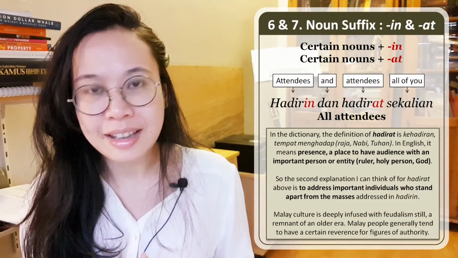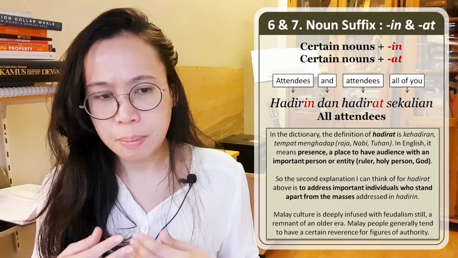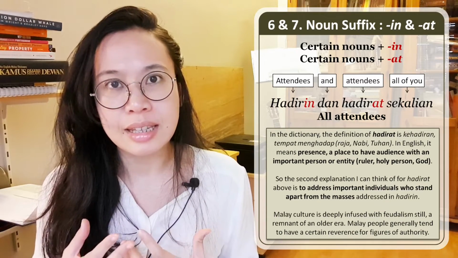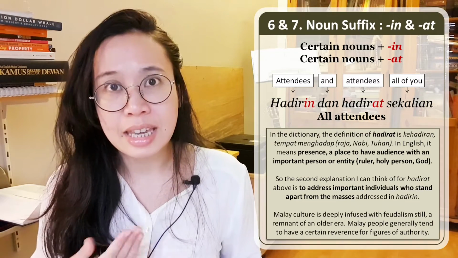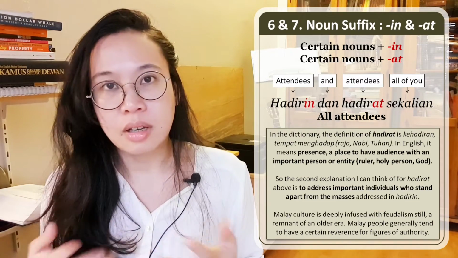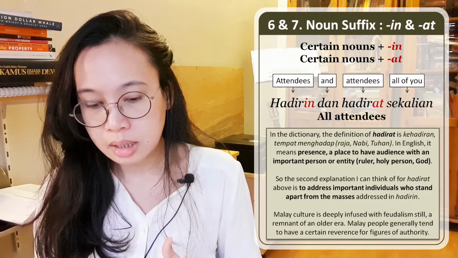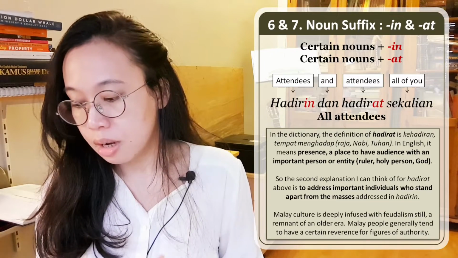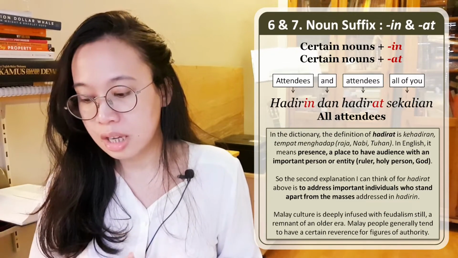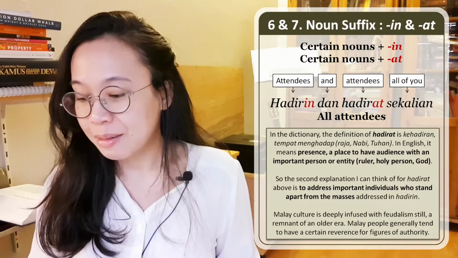Hadirat by itself actually means the presence of a person or an entity that is placed on a pedestal, like a king or a religious person or God. So it is either the presence of someone or something important, or a place to have an audience with an important person or authority. So that is hadirat.